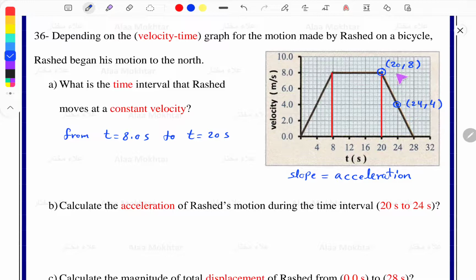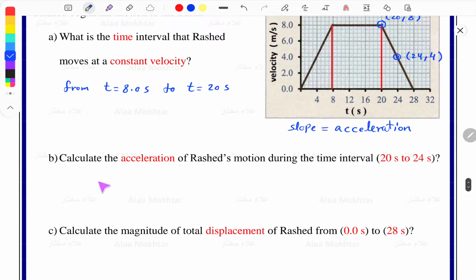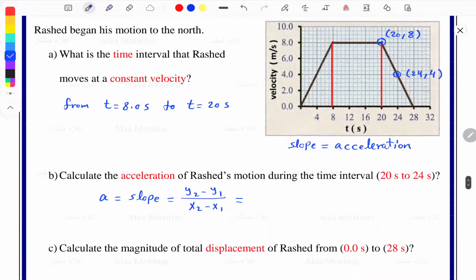I can calculate the slope for this line segment from these numbers and get the acceleration. Acceleration equals slope equals y2 minus y1 divided by x2 minus x1. y2 is what?